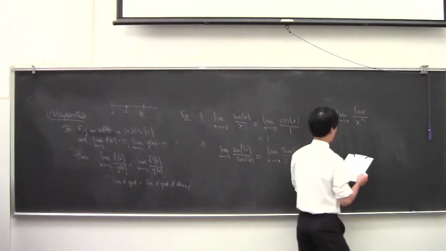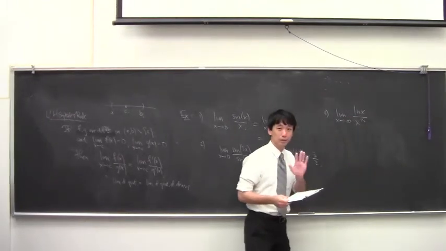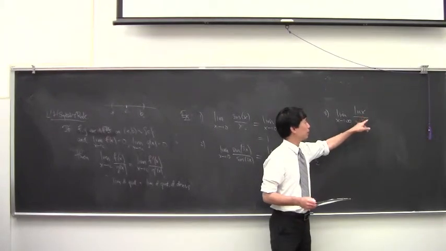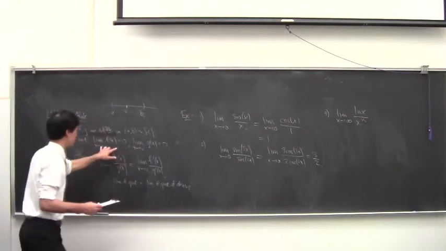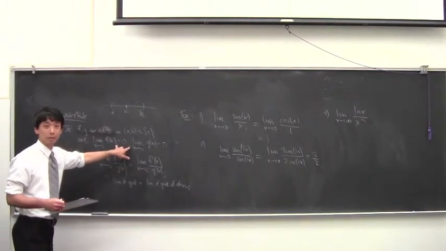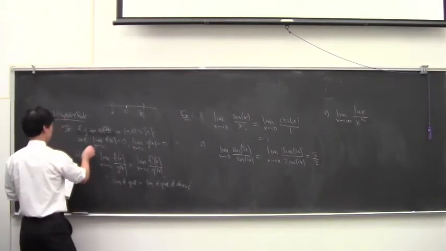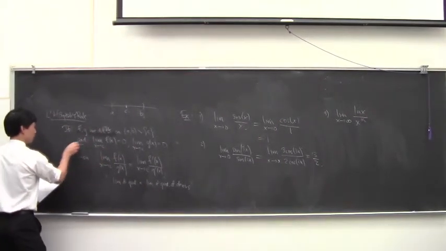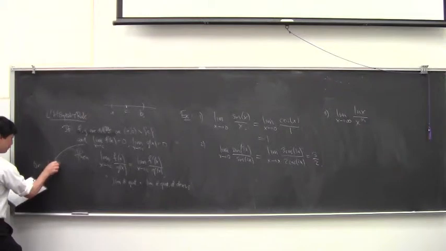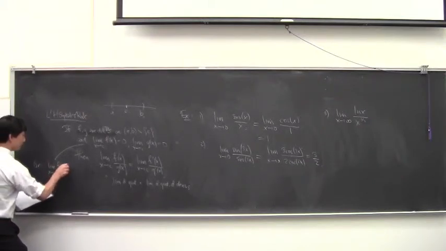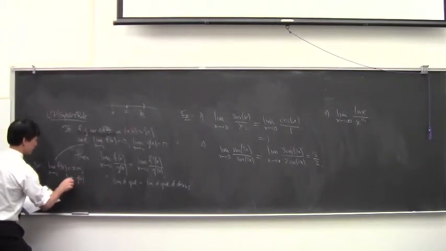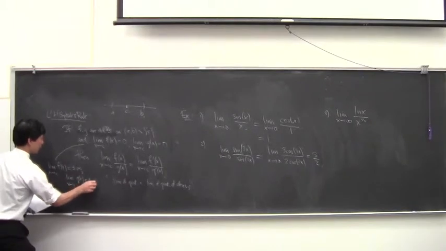This is not the problem. x goes to infinity. Sorry. Right, because it's not in the right form. So actually, let me fix up. Before we do that problem, let me add a little bit more here to the description of the theorem. So this thing here saying or the limit of f of x as x approaches c is plus or minus infinity, and the limit of g of x as x approaches c is plus or minus infinity.